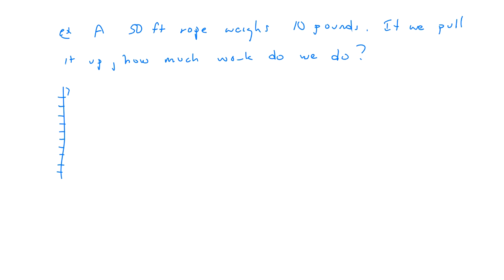And then after I pull that up, the rope is a little bit shorter, so it weighs a little bit less. So first, the density of the rope is 10/50ths or 0.2 pounds per foot, if I have pulled up x feet.